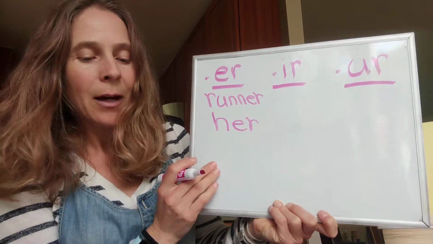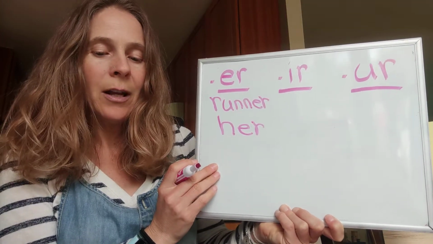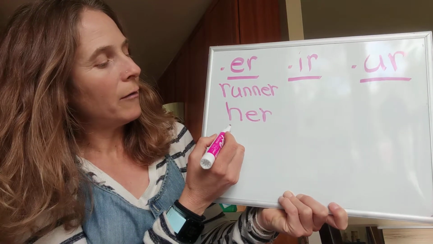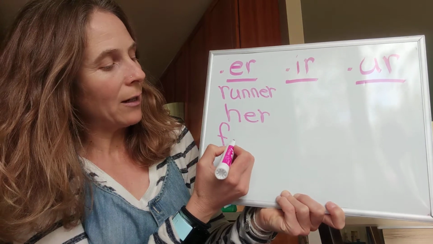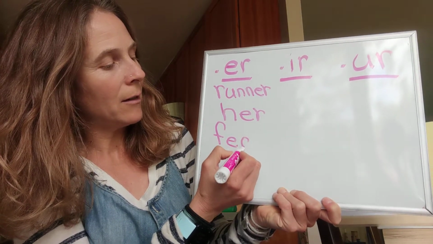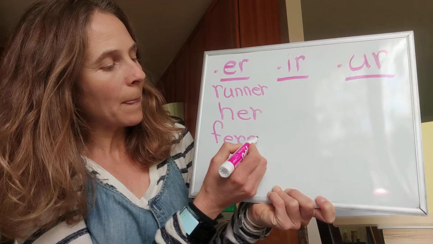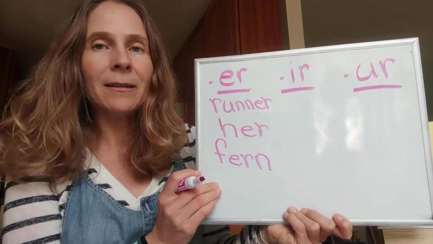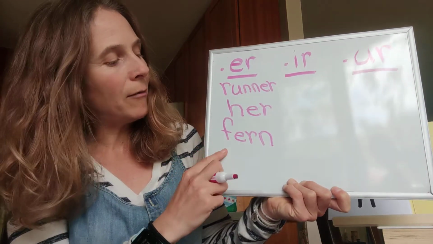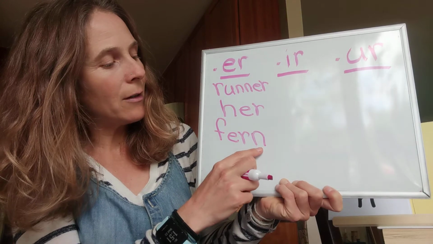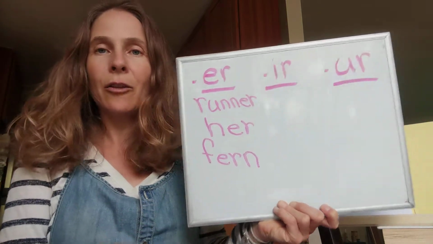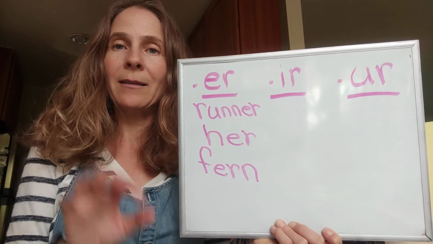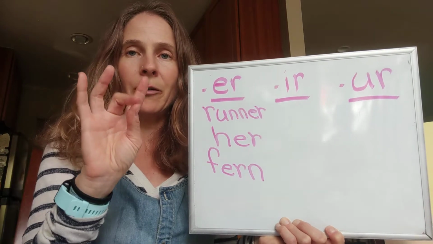Sorry. But it can be in the middle of the word, like in the word fern, which is a type of plant. Fern. If I had to tap this, I would tap it as fern. Three taps because there's three sounds. Fern.